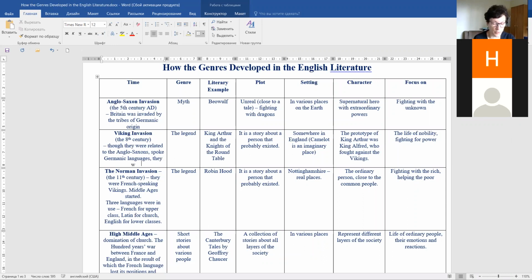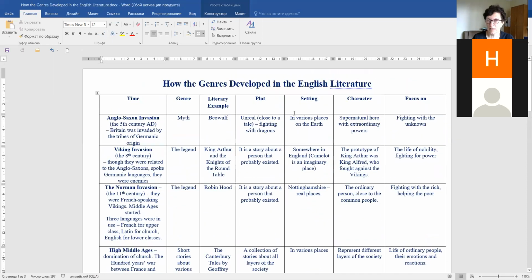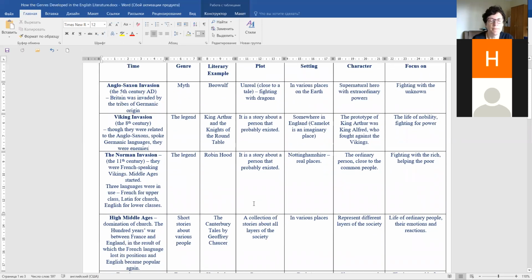And as they were enemies, the Anglo-Saxons fought against them, and in the stories of that time, they presented King Alfred in the character of King Arthur. Okay, good. We see that the characters already changed. Marin, next.